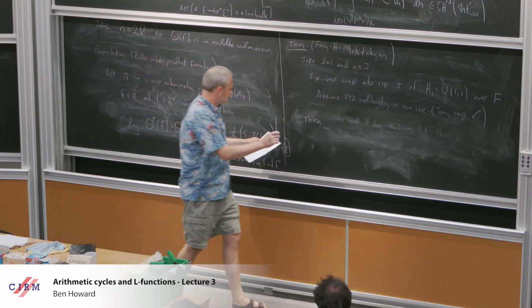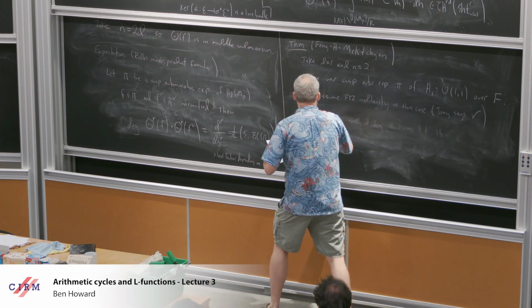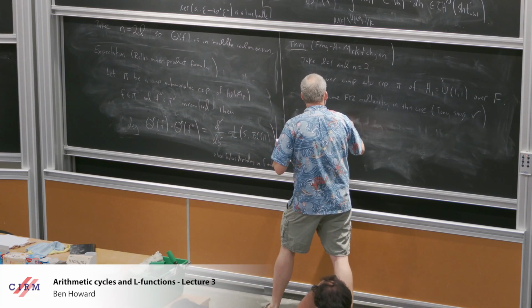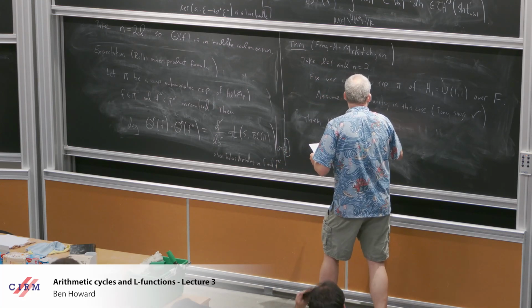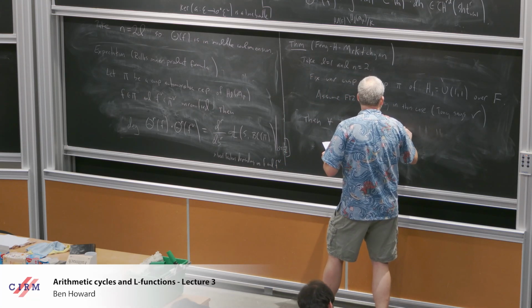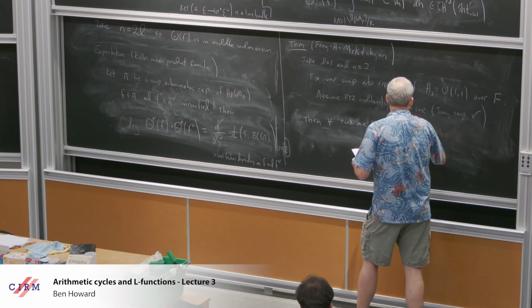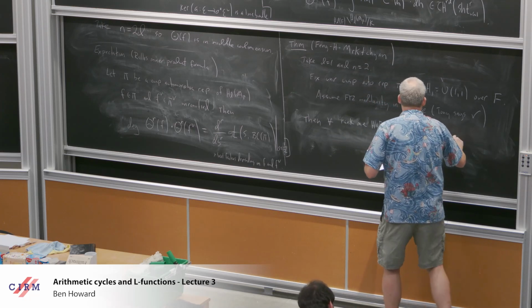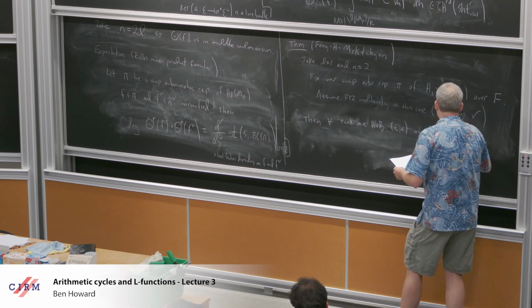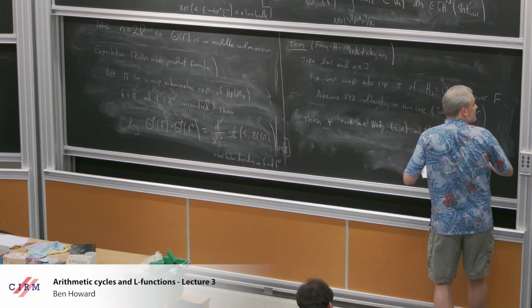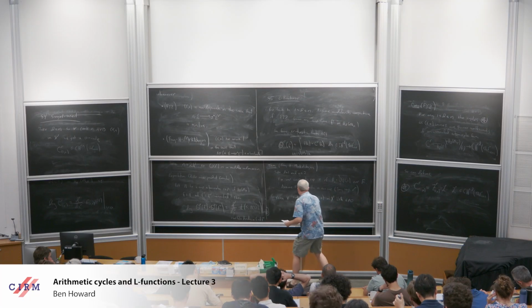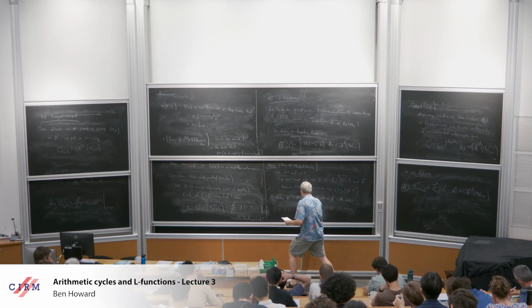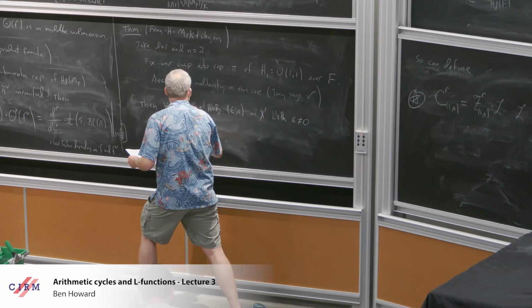Which means I am allowed to make sense of this if I take any rank 1 Hermitian vector bundle E, A on X prime, and don't do something dumb like take A to be 0, then the corresponding cycle will be proper, which means I can form the arithmetic theta lift.